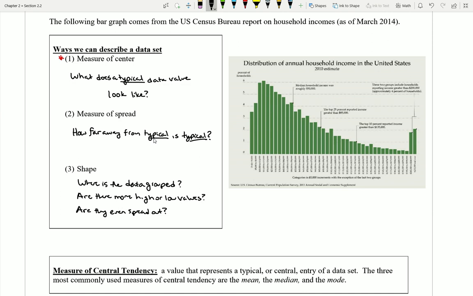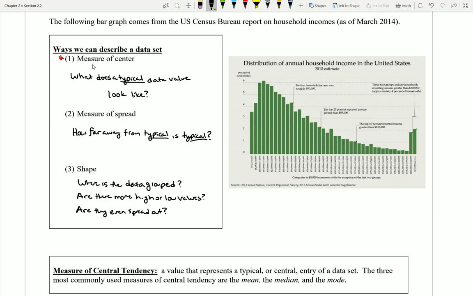So how far away from that typical 78% value is still pretty standard or still pretty typical to see? What a measure of spread is going to give us is some sort of window of what's typical. Again, we'll talk more about measures of spread in the next section.